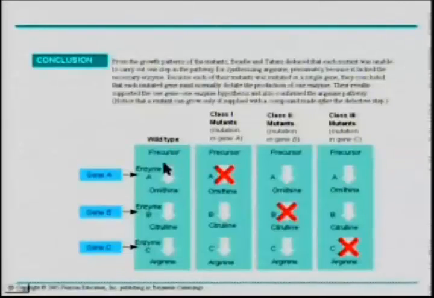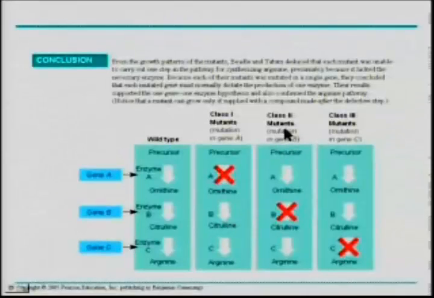So here we see the precursor and enzyme A converting it to ornithine, enzyme B converting that ornithine to citrulline, and then the citrulline is converted to the arginine by enzyme C. And each enzyme has a corresponding gene, gene A, B, and C. So mutant 1 had a mutation in gene A. So when ornithine or citrulline were provided, or arginine, it could grow.